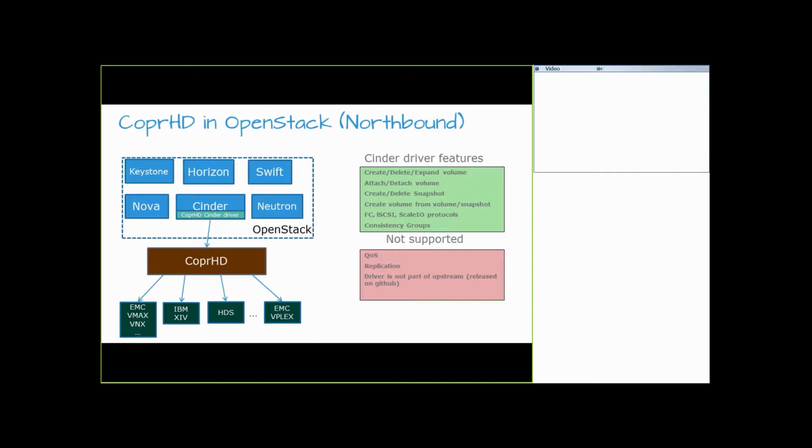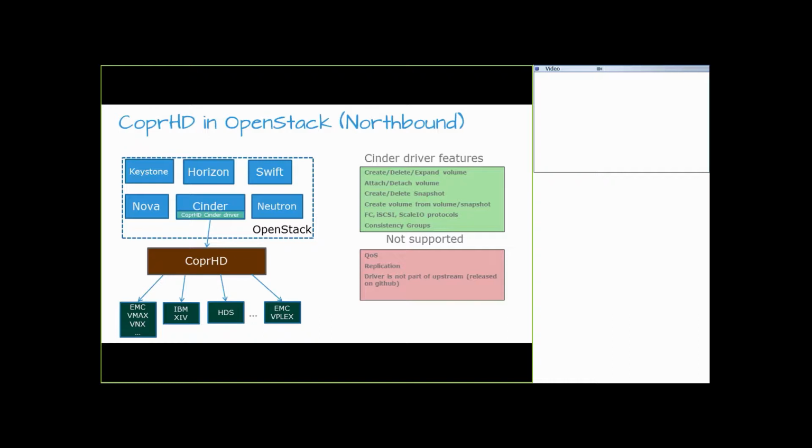So in a nutshell, what we are saying is that from a CoprHD perspective, if you're saying that CoprHD would make the entire OpenStack much better, we can't go and tout capabilities like multi-site, where the entire stack is not multi-site.